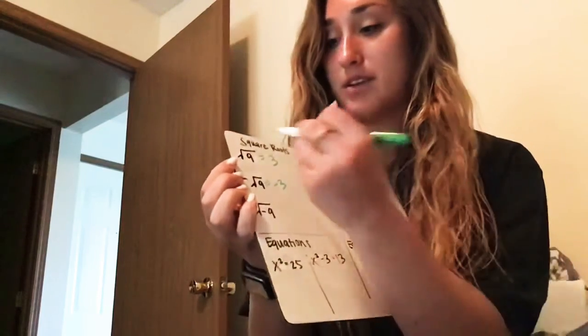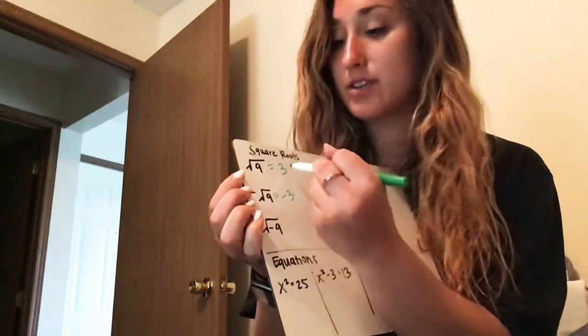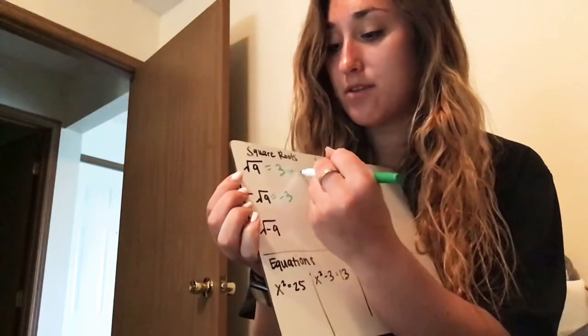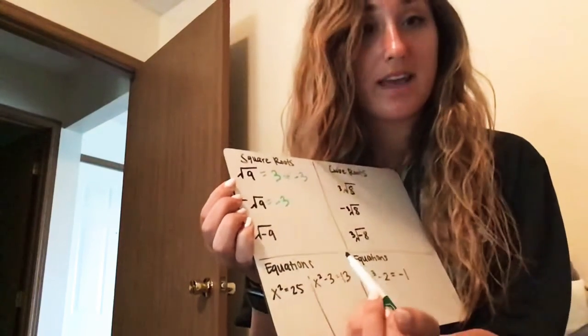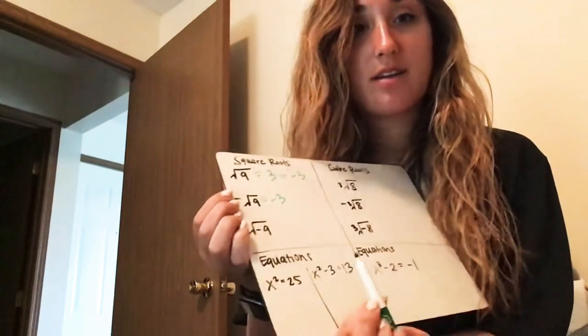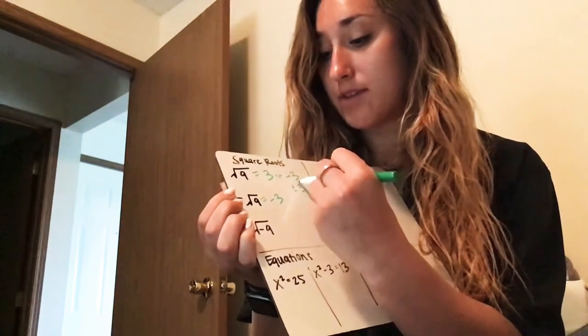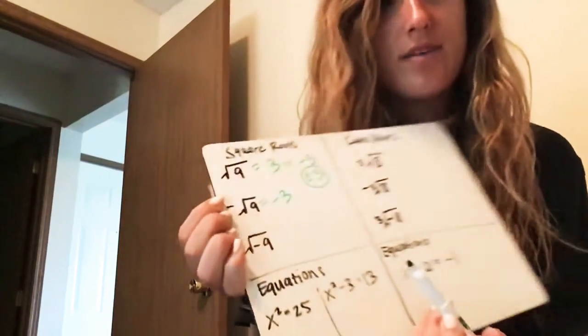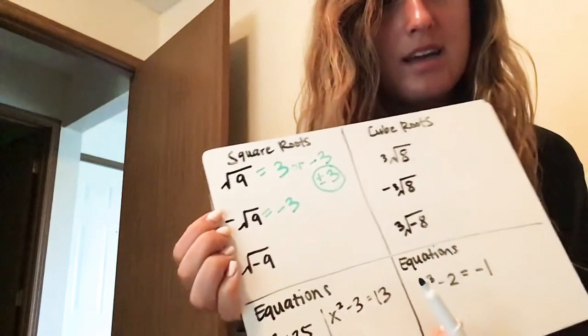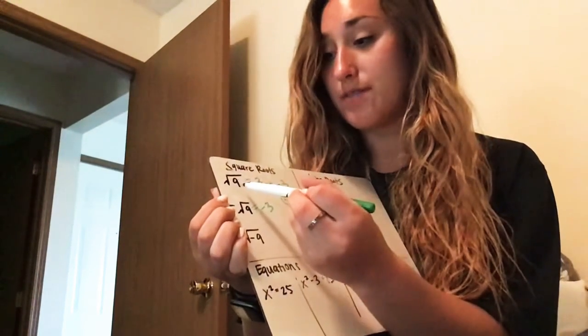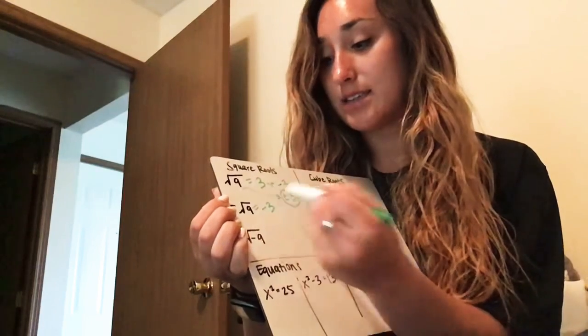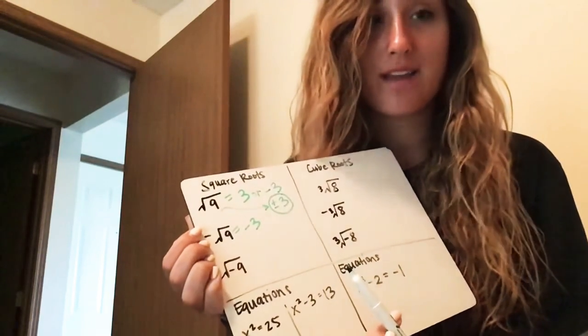So that brings us to another answer up here actually. This can be 3 or negative 3. Sometimes we'll write that as positive or negative 3, like a plus and a minus sign. So actually the square root of 9 is positive or negative 3.